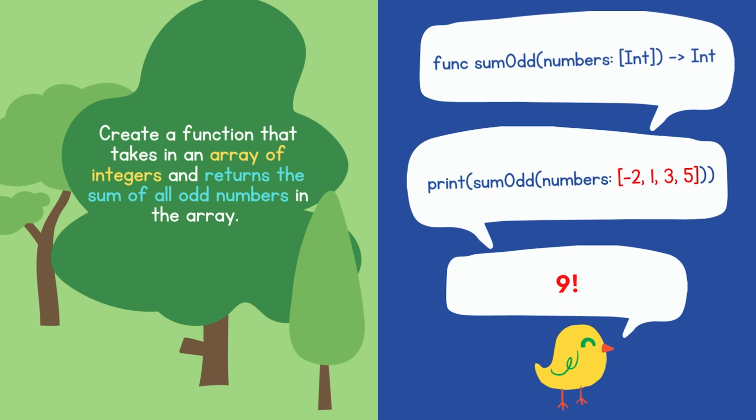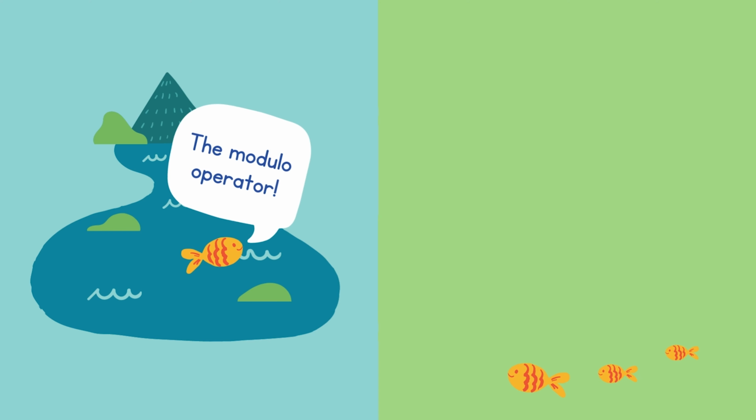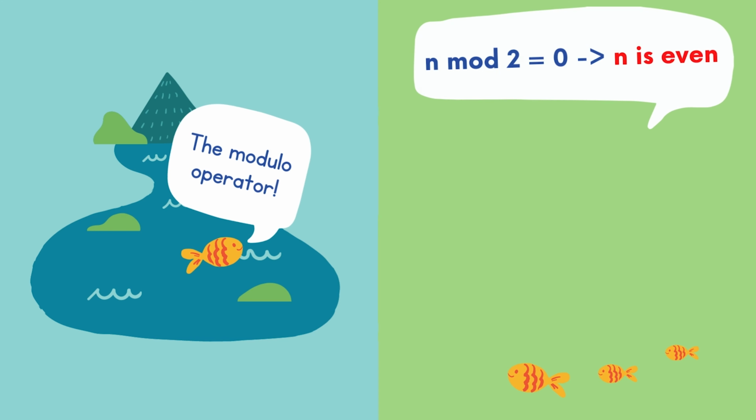Remember, your function should work with any array of integers, not just the example above. The easiest way to check if a number is odd is to use the modulo operator, which returns the remainder of a division operation. If a number n is evenly divisible by 2, n mod 2 will evaluate to 0.